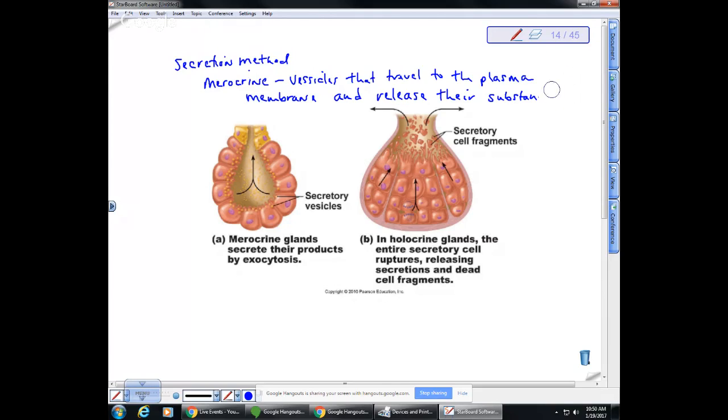Exocytosis is just where the vesicle fuses with the outer membrane and the substances are released.